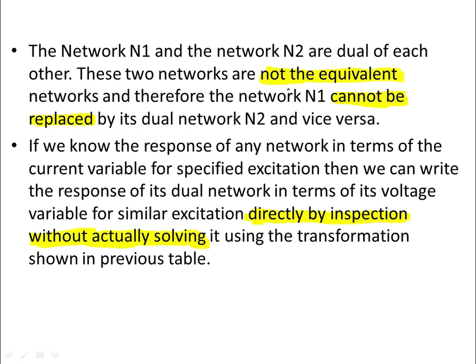Duality doesn't mean that they are equivalent. So these two networks are not equivalent networks, and therefore the network N1 cannot be replaced by its dual network N2 and vice versa. So you can say this is a disadvantage also. If we know the response of any network in terms of the current variable for specified excitation, then we can write the response of its dual network in terms of its voltage variable for similar excitation directly by inspection, without actually solving it, using the transformation shown in the previous table.